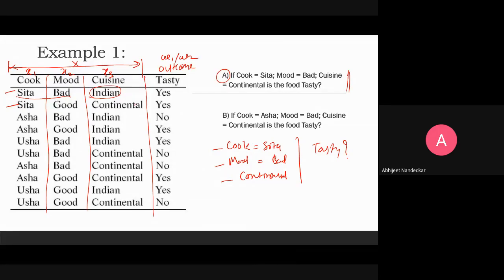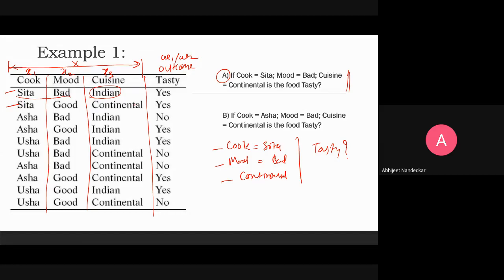The best way to solve such things is to use naive Bayes. What we assume is that x1, x2, and x3, that is cook, mood, and cuisine, are independent of each other. So there is no relation within these variables.